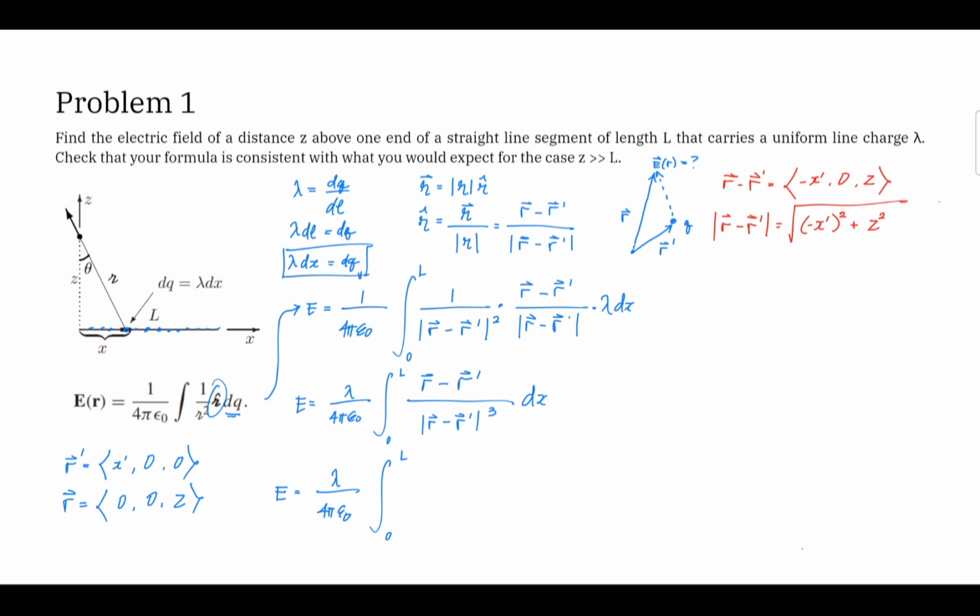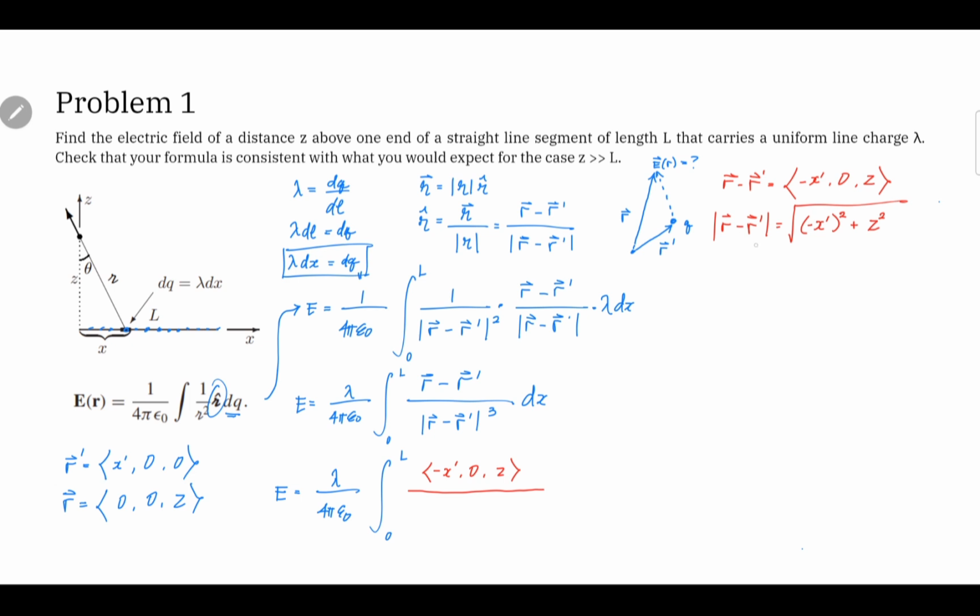Now, the next thing we would like to do is, since we now have our quantities, we could simply substitute them back in our integral. I'm going to use red so that you could see where we apply these. So on the numerator, we have your vector x prime, 0, and z.